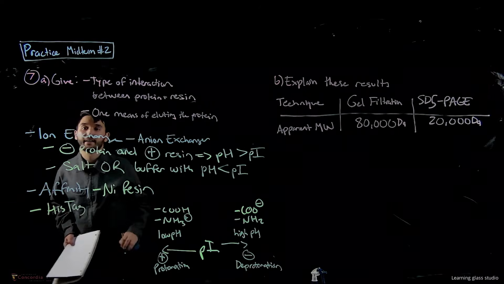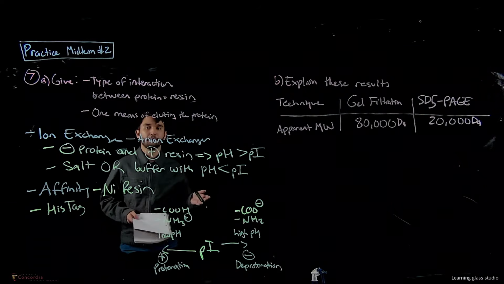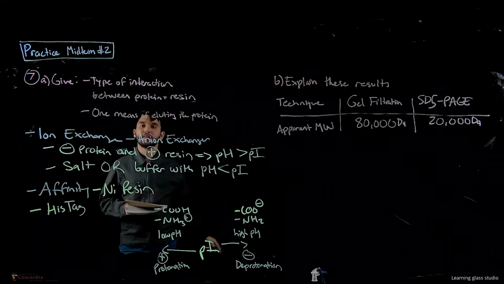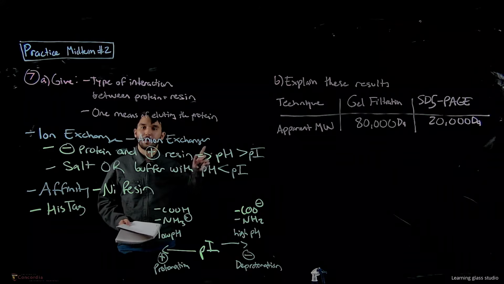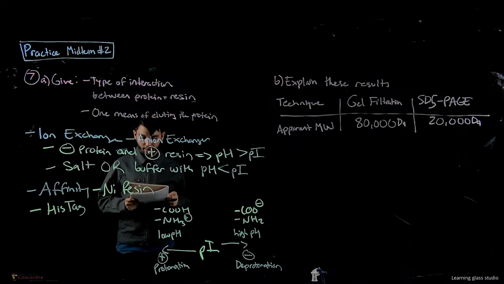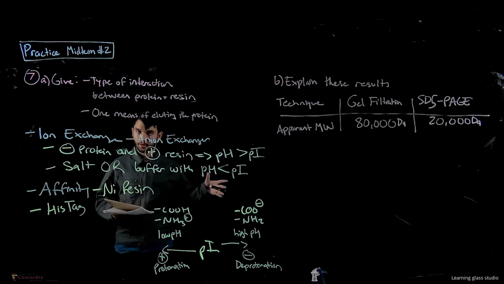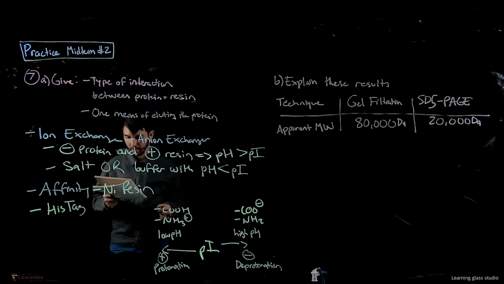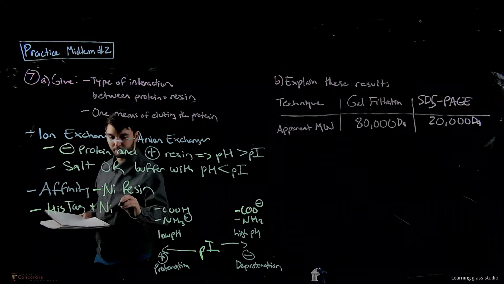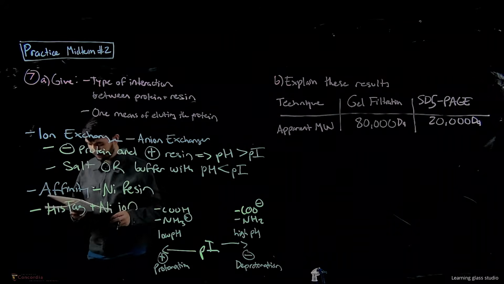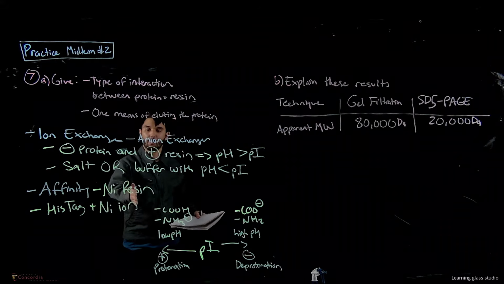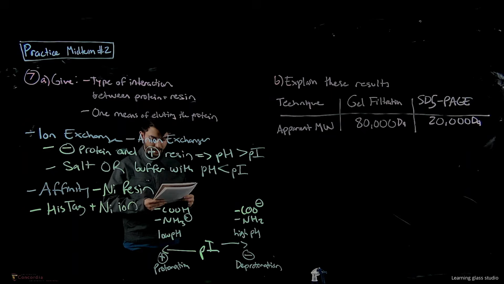What a his tag is: when you are cloning a protein, you can change the sequence of the gene to add a bunch of histidine residues to the end of a protein. And what that does is it gives sort of this long chain of charge to the end of the protein. So this his tag will bind to the nickel ion in the resin. And these nickel ions are immobilized, so the his tag will bind to the nickel ion.